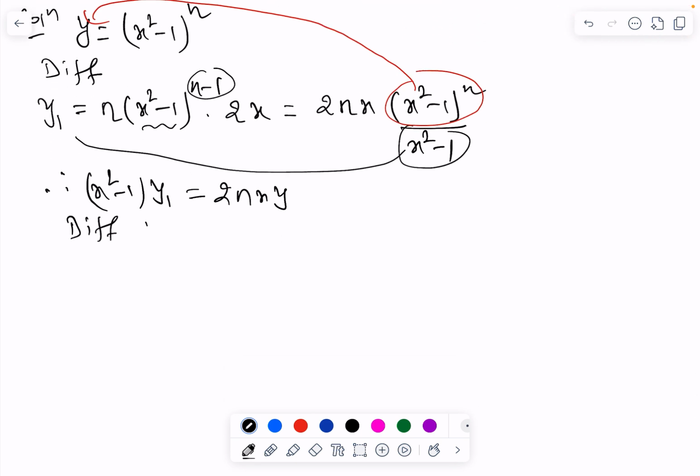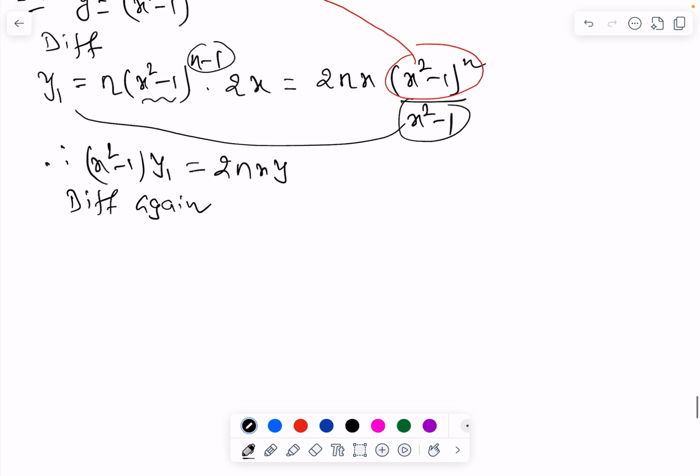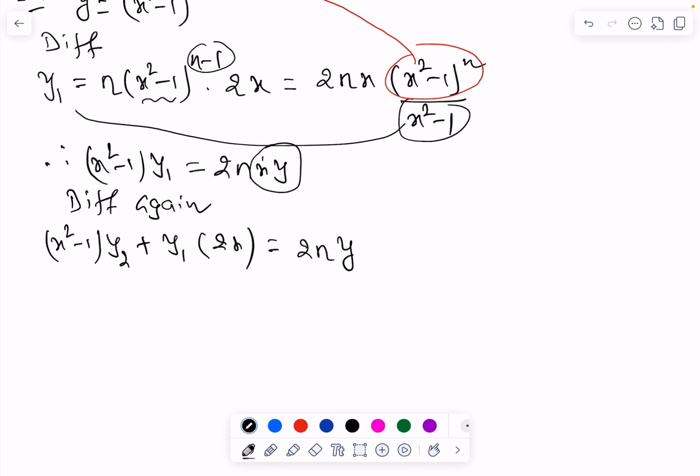Now differentiate again. So we have (x square minus 1) y2 plus y1 into 2x is equal to, now here also product rule, 2n, derivative of x is 1 and y, plus 2nx, and derivative of y is y1.